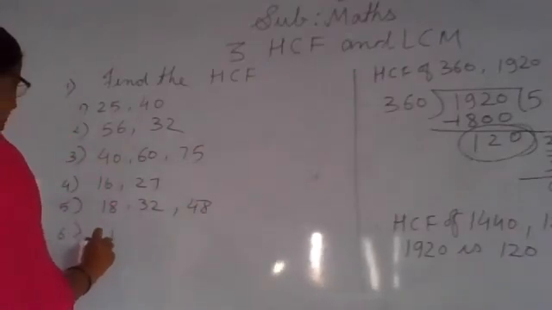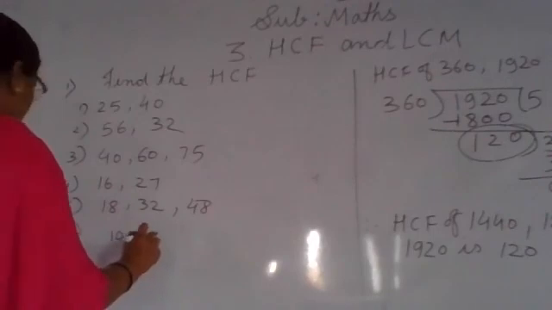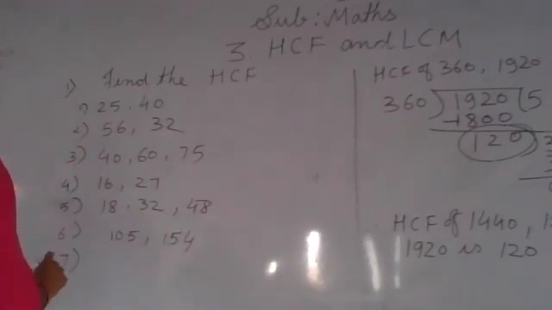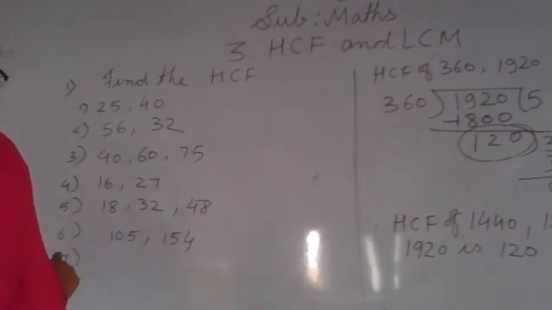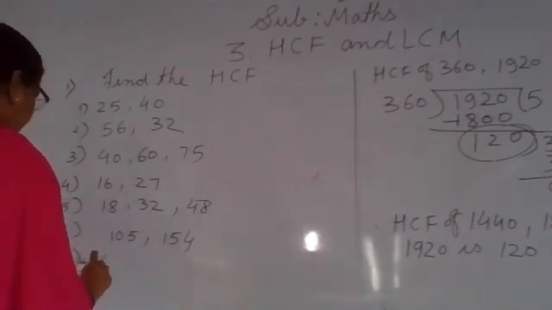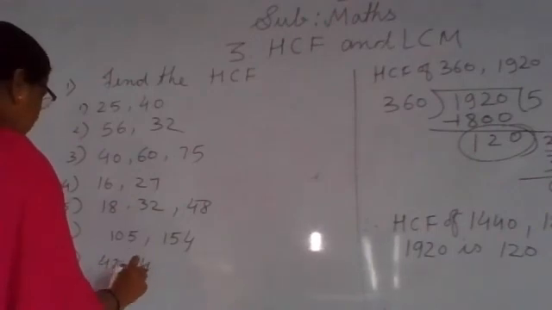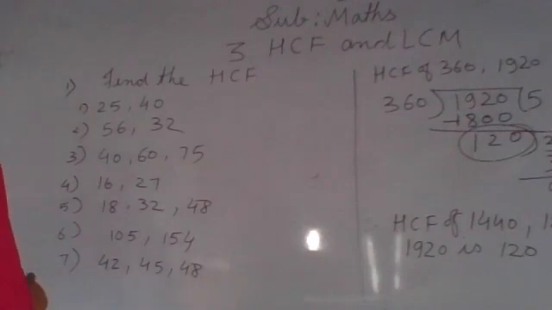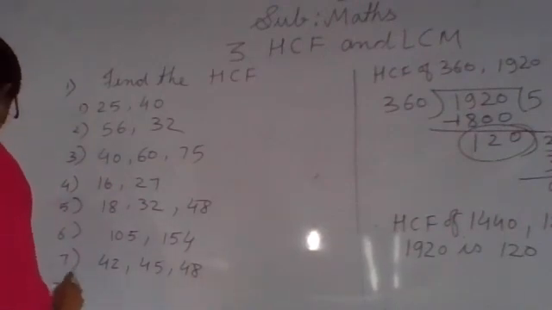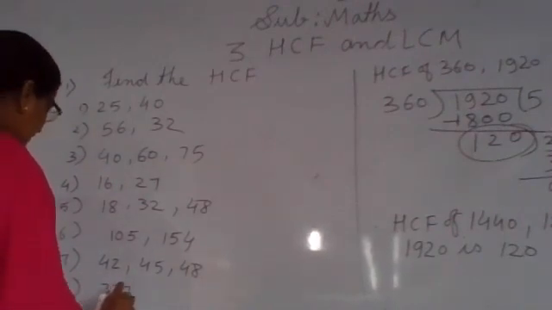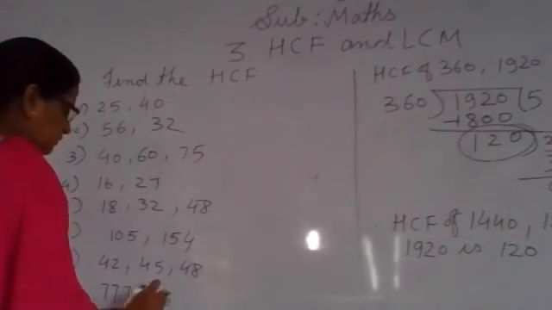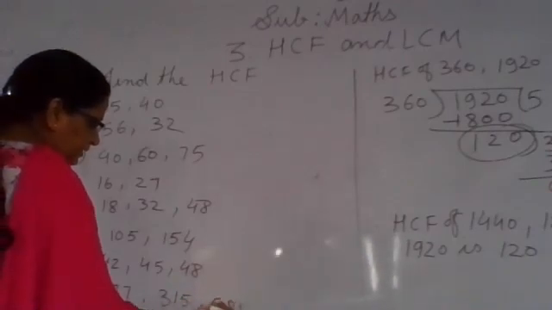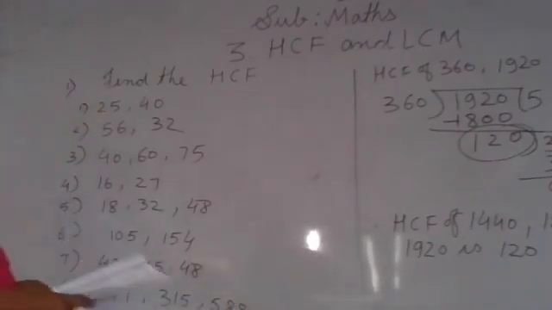The next question is 105 and 154. Then 42, 45 and 48. Then 777, 315 and 588. So you have to solve all these questions.